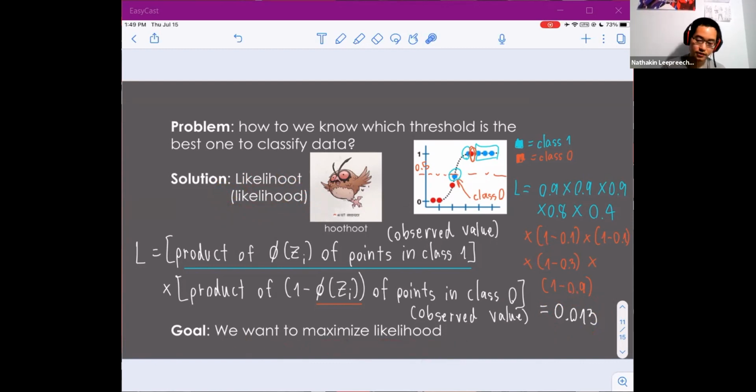If you have 0.9 times 0.9 times 0.9, but you suddenly change the threshold, it's going to become something like 0.1 times 0.1 instead.